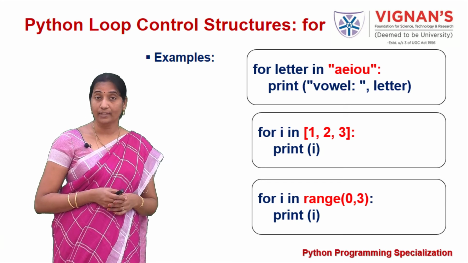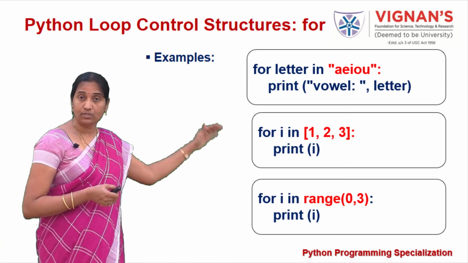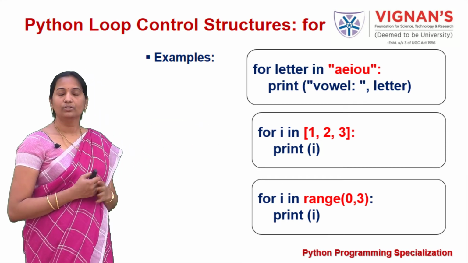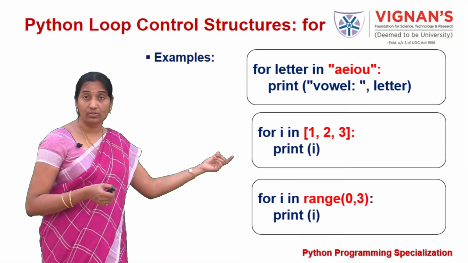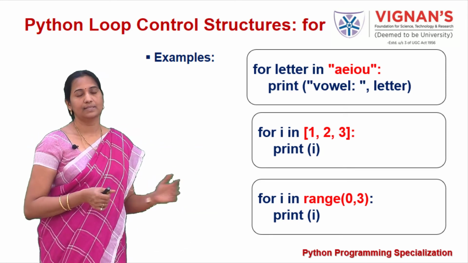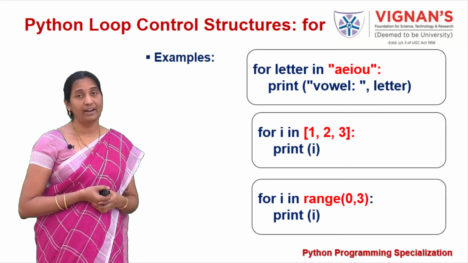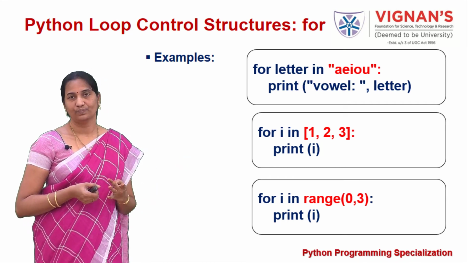Now let's see how we can use the method range with the for loop. Instead of using the list or the string or the dictionary, we can use the method. First this range of 0, 3 is evaluated, which results in an iterable, that is a list. Range of 0, 3 actually returns a list with the values 0, 1 and 2, right?